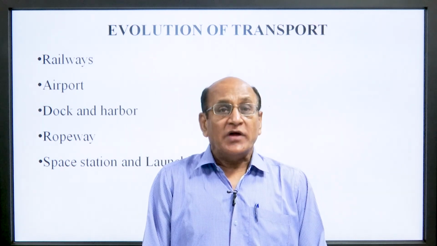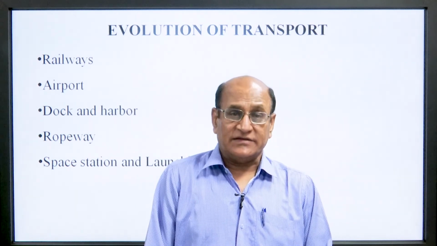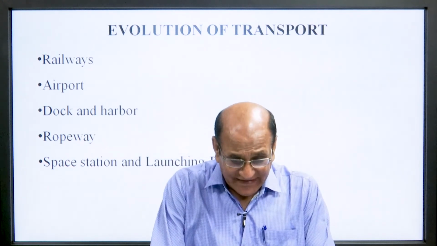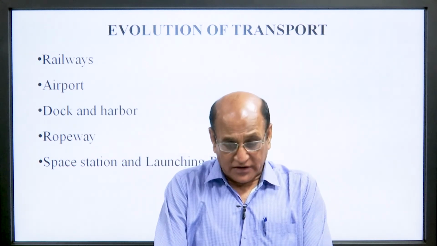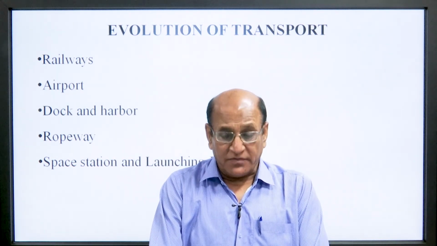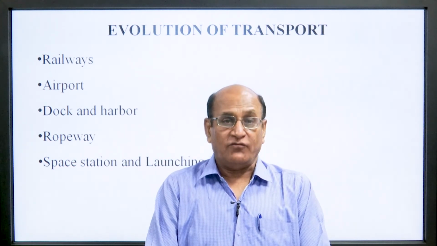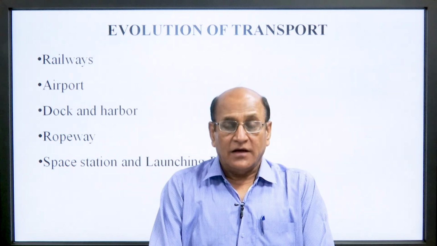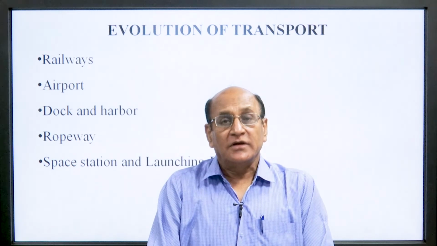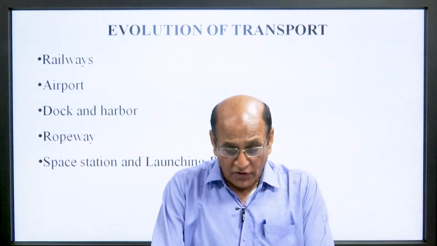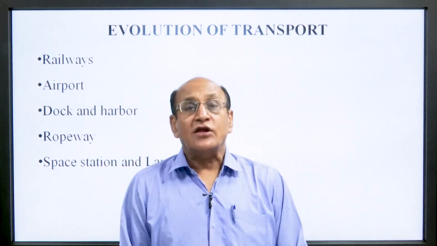It is also a good transportation system from one place to another. Then the space station and the launching pad are the modern evolution of the transportation system. A space station is located in space, where the space shuttles go and come. Launching pads are the places from where satellites are launched.